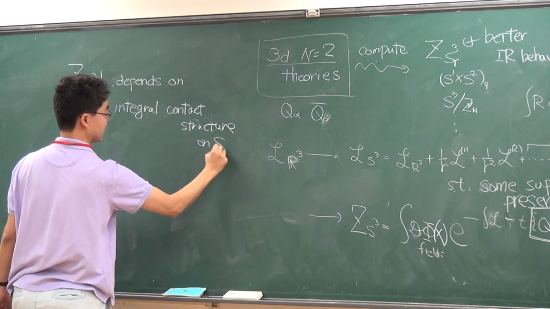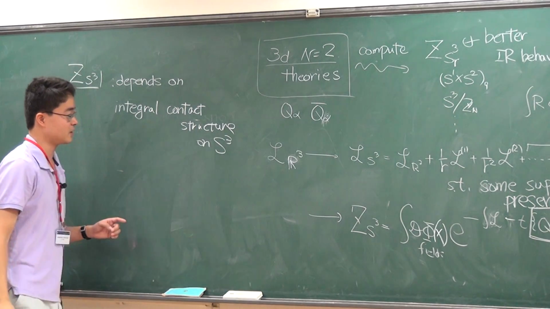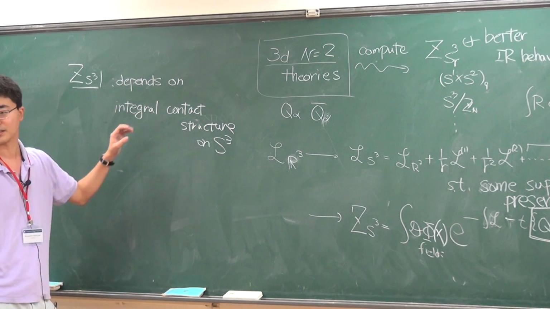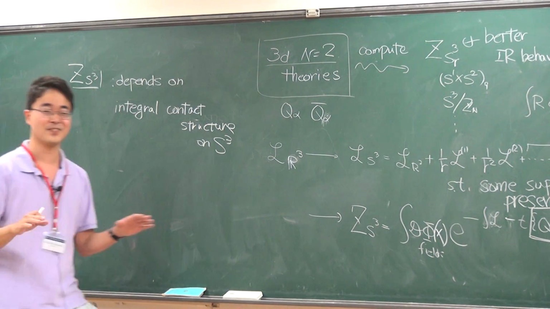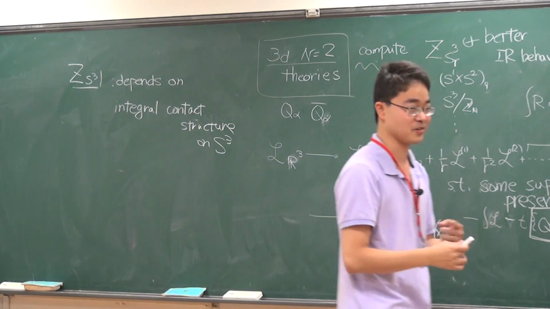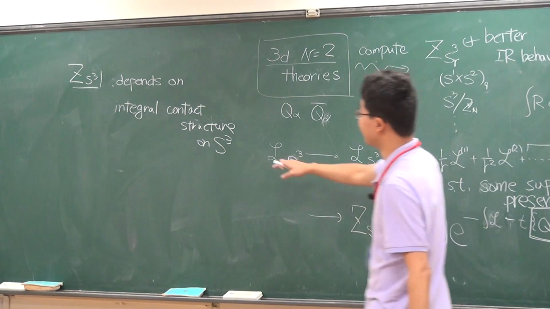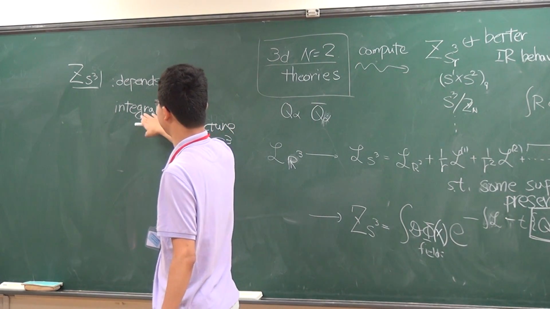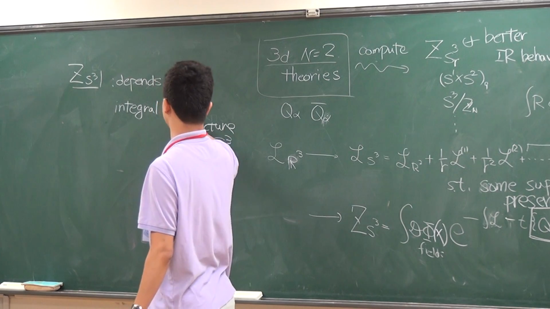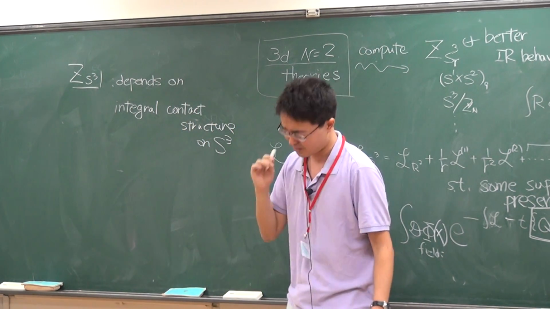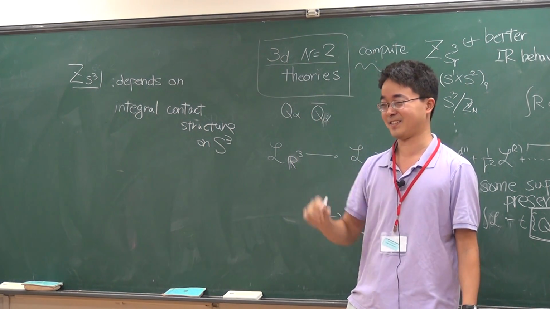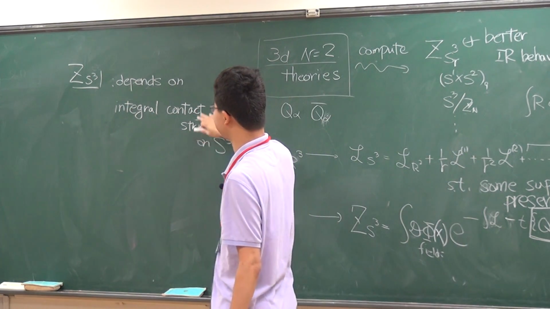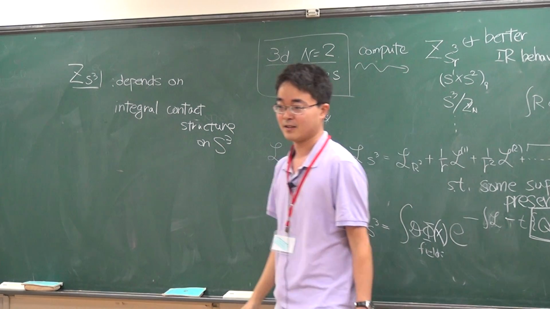On S3. And the integral contact structure is an odd-dimensional analog of the complex structure. The complex structure is where there are local functions in C to the power n, and the transition functions are holomorphic. That's the same as having the almost complex structure, which is just something J which squares to minus 1. And this is the analog of the complex structure on S3.